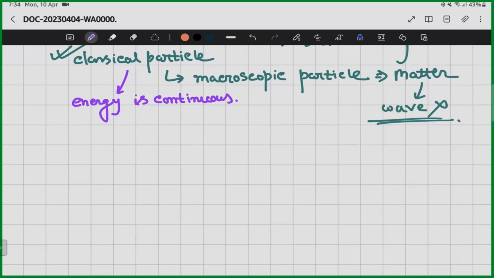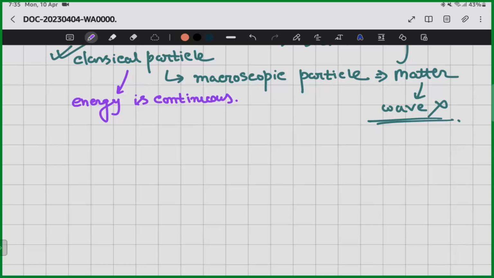Any energy can be provided. There may be some experimental limitation, but that is not due to that particle. That is not a feature of this matter. This is our limitation. We can't give, let's say, precisely 1.111119 joule, but that is our fault. That is not a feature of this particle.